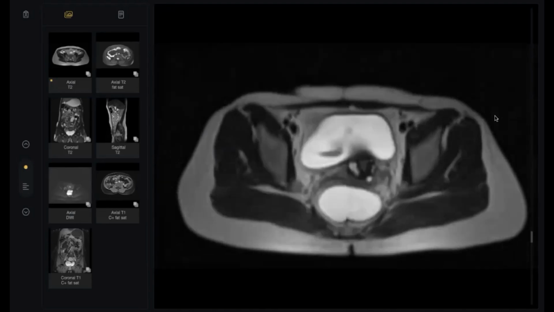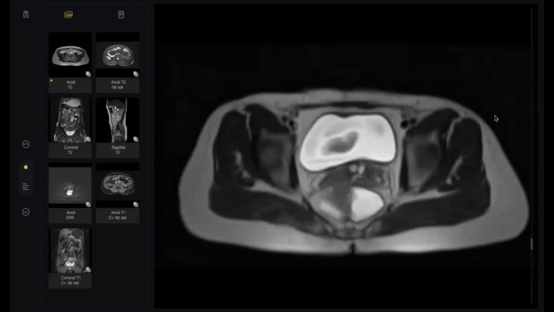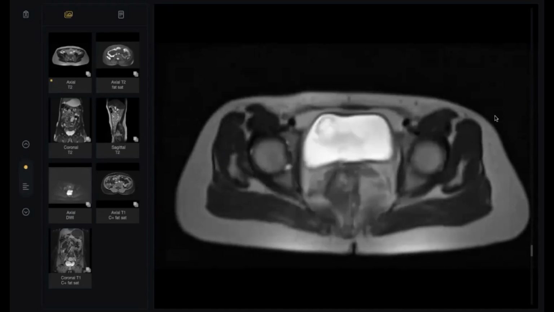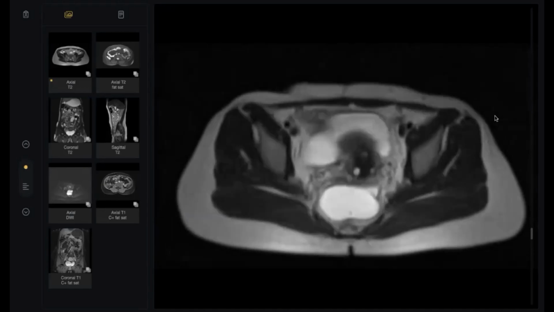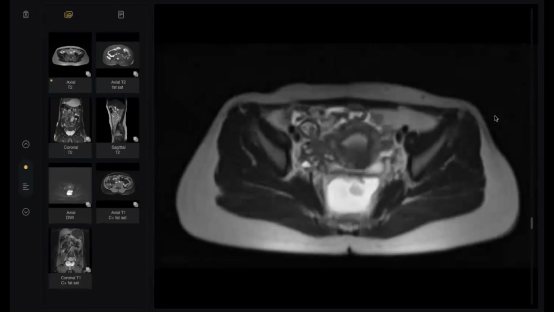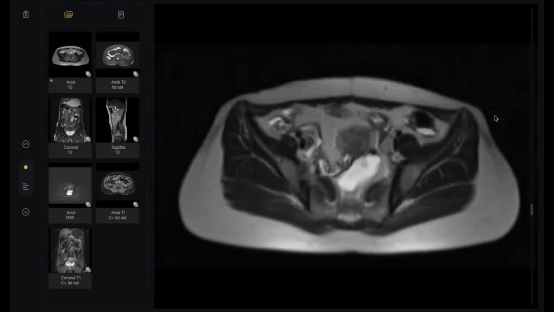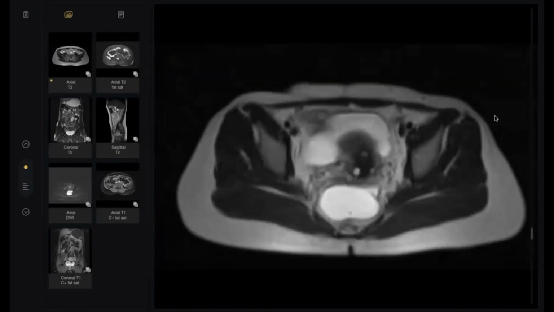It is very well defined and seen in relation to the posterior uterus. The uterus has some Nabothian cysts as well, and there are prominent parametrial vessels. I'm trying to locate its location in relation to the rectum, but I'm not able to identify it.